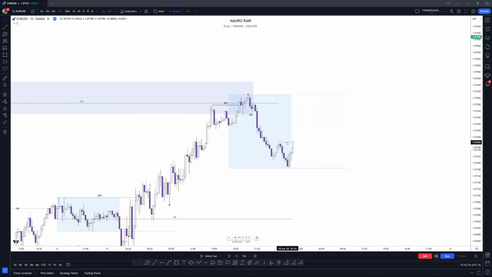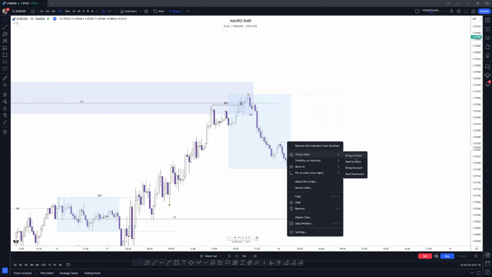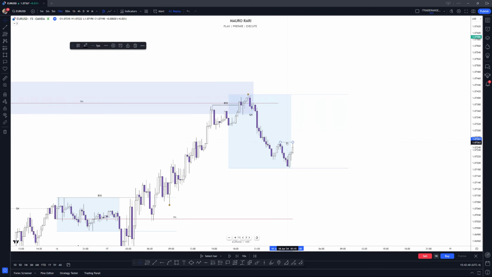Okay. We have an opposite QM on 15 minutes, validating our internal range. Okay. All we need right now is to see if within this range there is a key level.